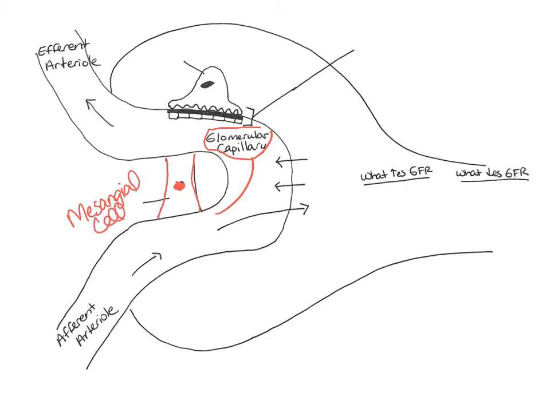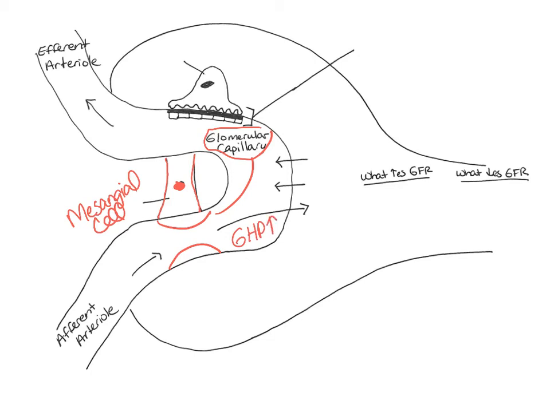And this mesangial cell will contract, and when it contracts, it will narrow the diameter of that glomerular capillary. So when the capillary diameter decreases, then the glomerular hydrostatic pressure goes up.